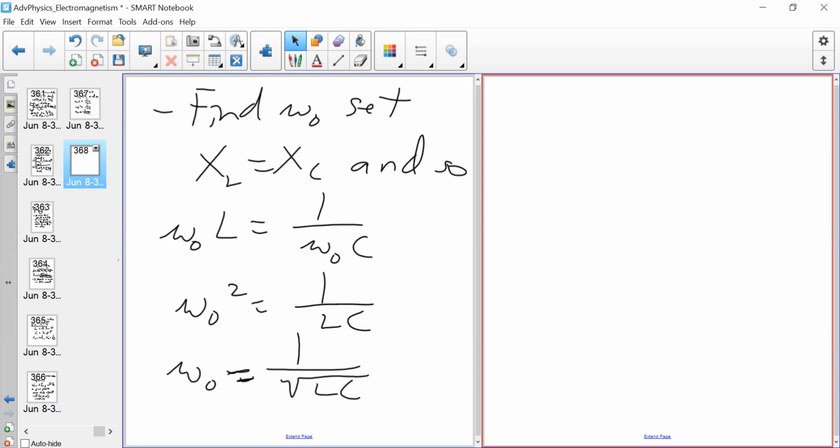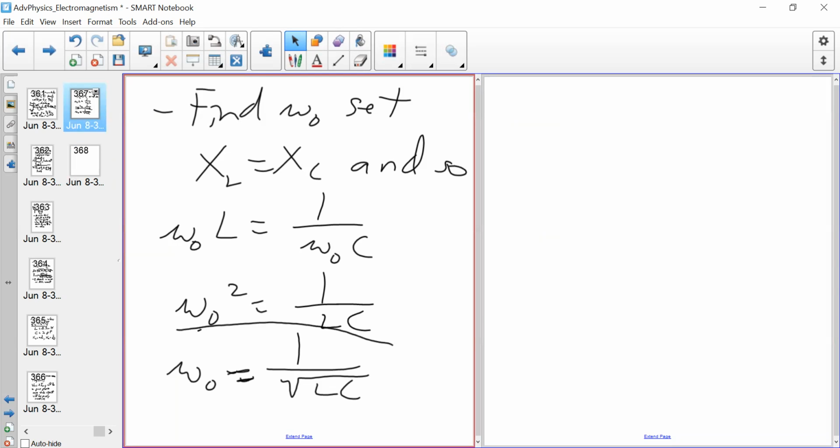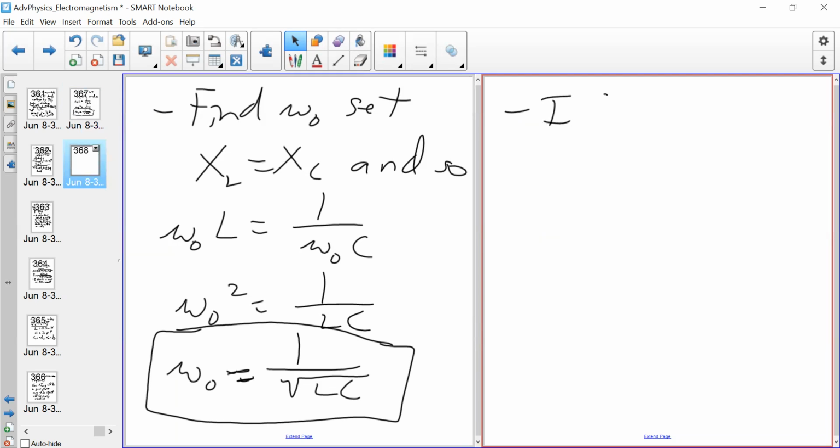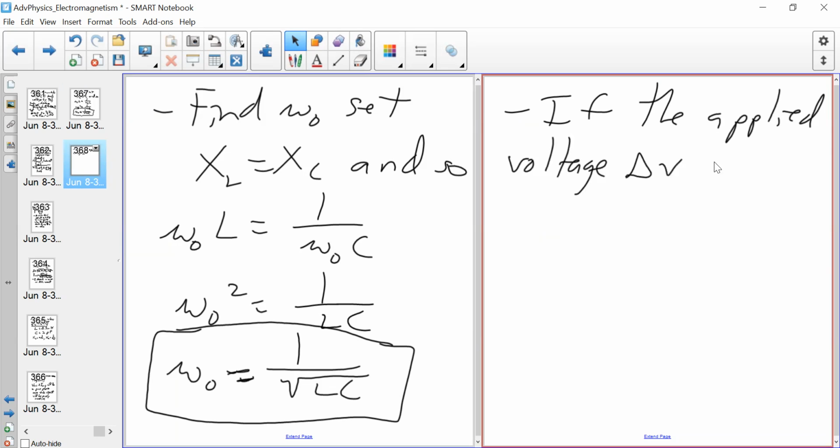So this is our resonant frequency. If you apply voltage, delta V, if that frequency, rather, right?